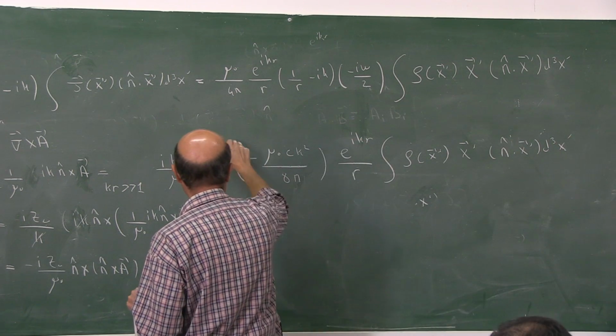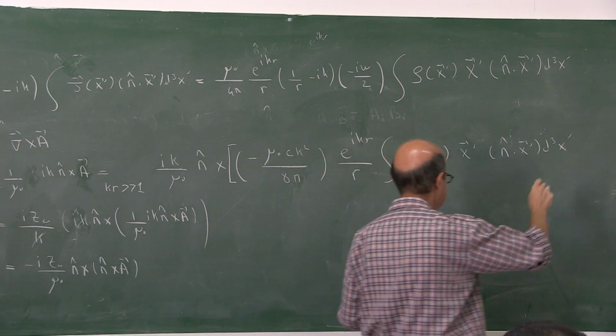So this part is the vector potential at the far field.